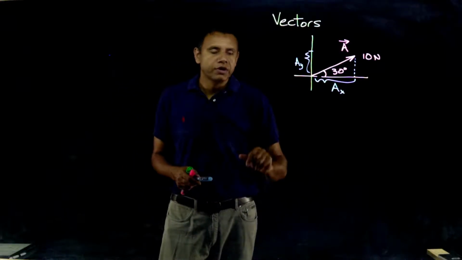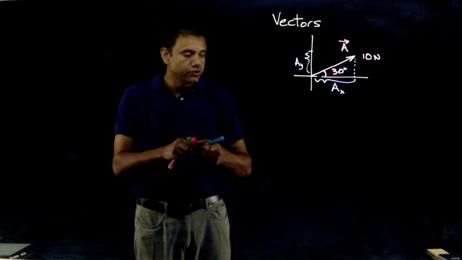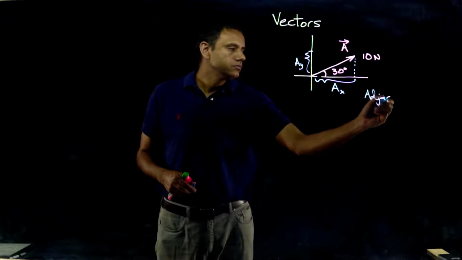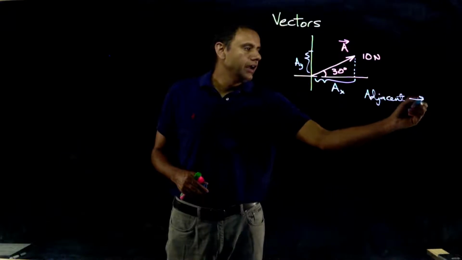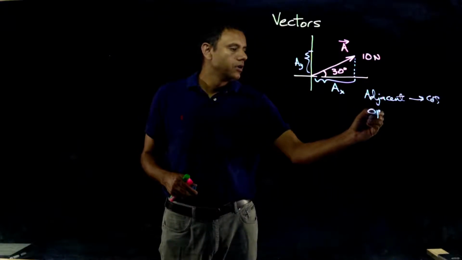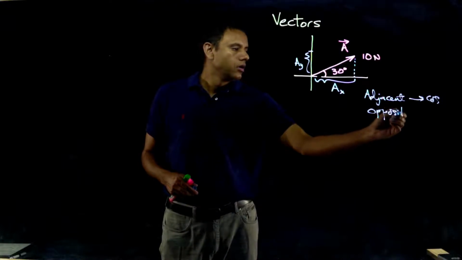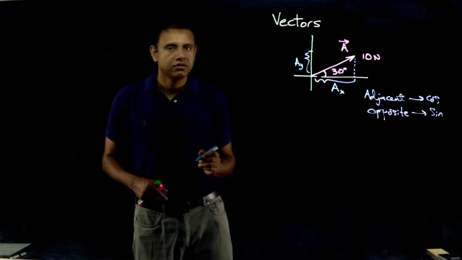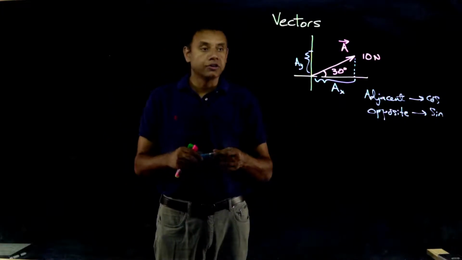For this one, because this is the adjacent, I write adjacent as cosine of that angle, and opposite as sine of that angle. This works all the time.